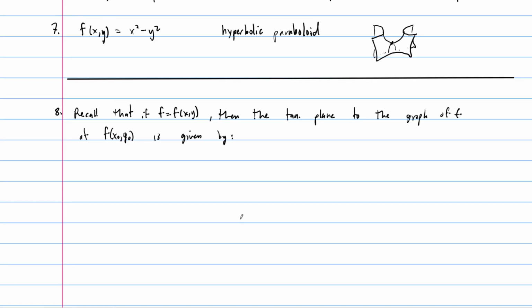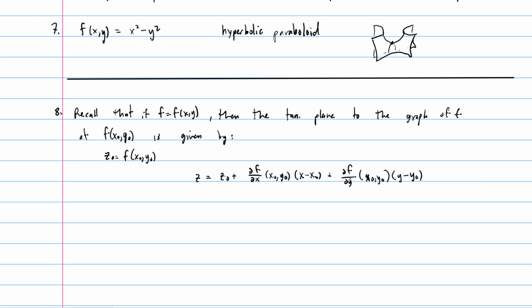By the way, the book frequently does this, so we can do it too. We'll call this z naught equals f of x naught, y naught. Then what is it equal to? Well, z equals z naught plus the partial derivative in the x direction at this point times x minus x naught, plus the partial derivative in the y direction at x naught, y naught times y minus y naught.